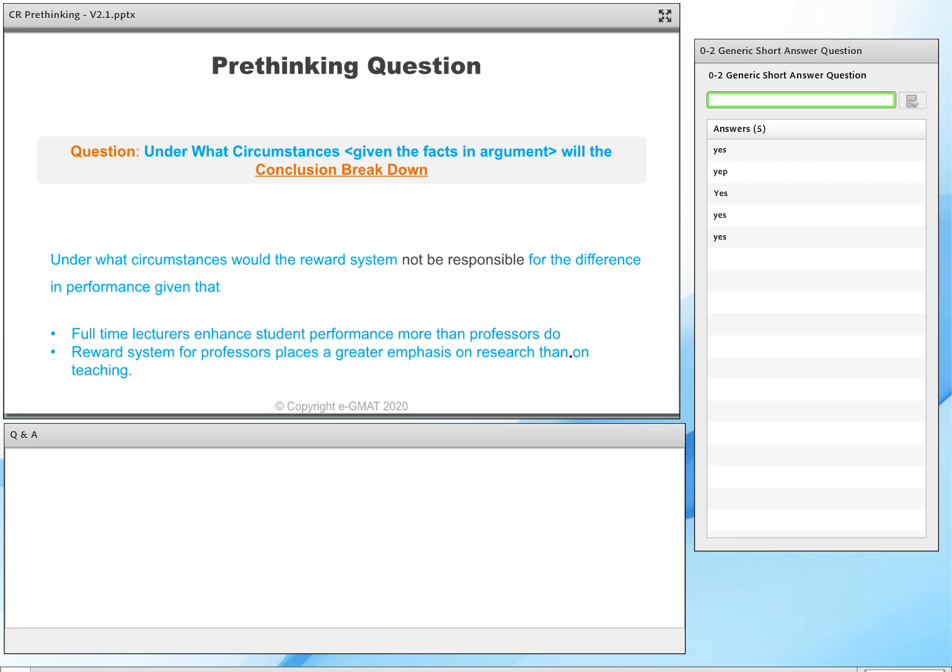Okay, conclusion breakdown means I can't blame the reward system. So under what circumstances can I not blame, or would the reward system not be responsible for the difference in performance, given that I already know that full-time lecturers do a better job, and given that I know that reward system for professors or tenured faculty, that's the same as professors, places a greater emphasis on research than on teaching.